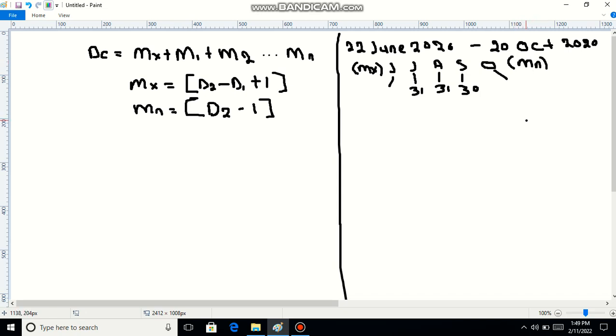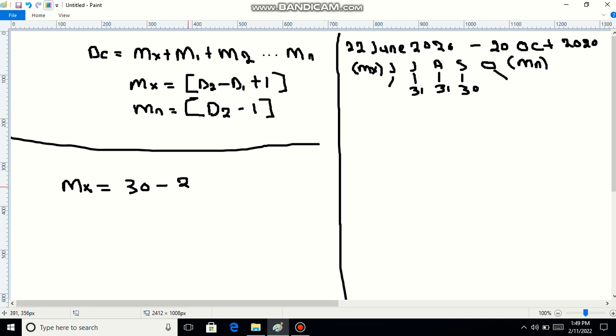Now let's calculate the number of days for June. June ends with 30. So our mx is going to be day 2 for June, which is the last day of June, 30, minus day 1, which is the start date, 22, plus 1. So 30 minus 22, you get 8, plus 1, you get 9.